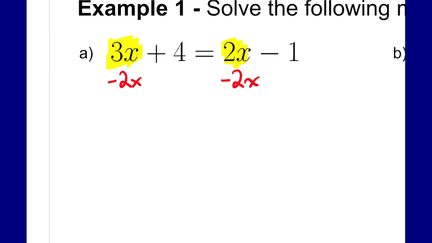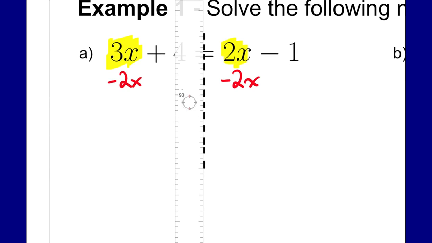So if I draw that imaginary line down the middle like we had done before, there's a minus 2x on both sides. I paired it up with the 3x because I can only subtract 2x from the 3x because they're like terms. I can't subtract it from the 4 because 4 and 2x are not like terms. So that's why we have to remember our like terms.